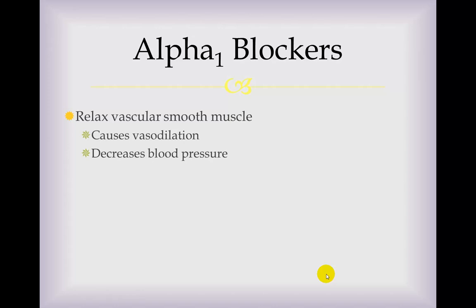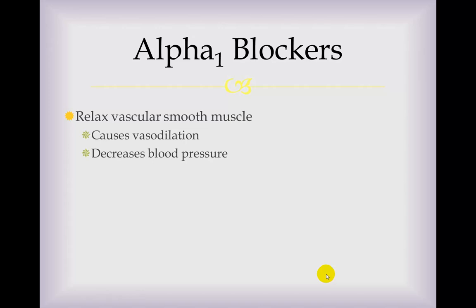And so by blocking the alpha-1 receptors, we're getting vasodilation because we're relaxing the smooth muscle of the arteries. Remember, the arteries have that ability because they have an actual muscle layer to constrict or relax.